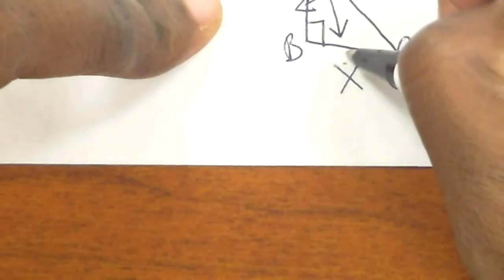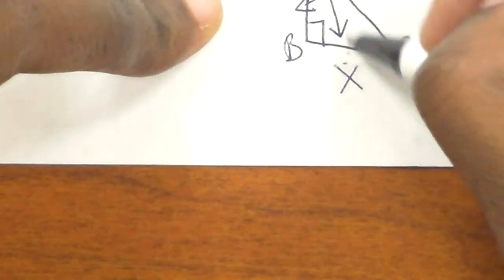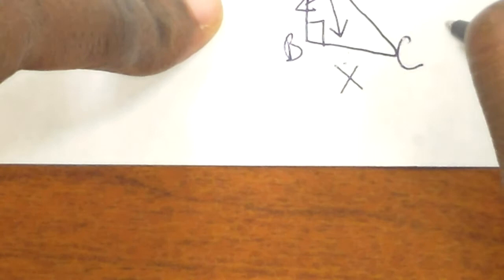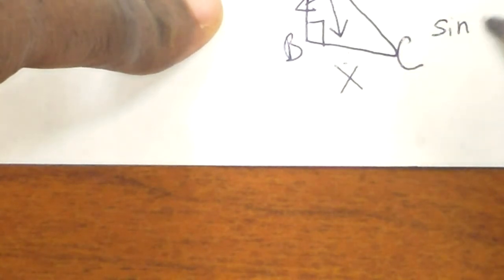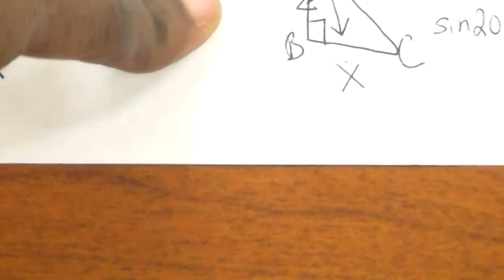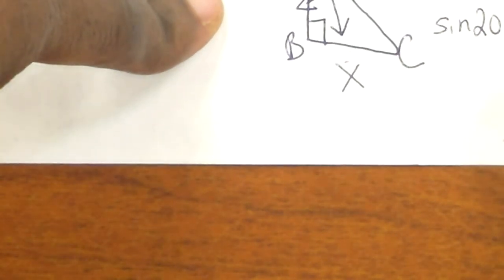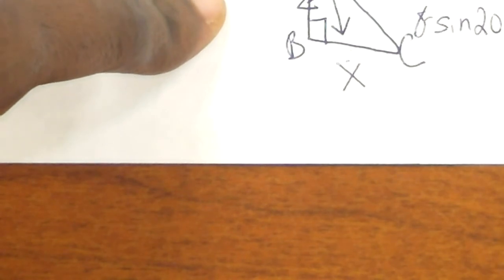So let's see, we're looking for BC. So we know that opposite and hypotenuse means we could try sine. Sine of 20 degrees equals opposite over hypotenuse. Multiply both sides by 8. Does 8 sine 20 show up? Nope, that one doesn't show up either.